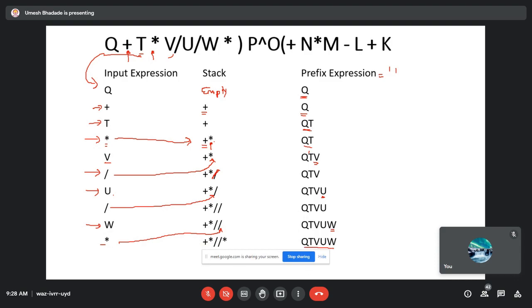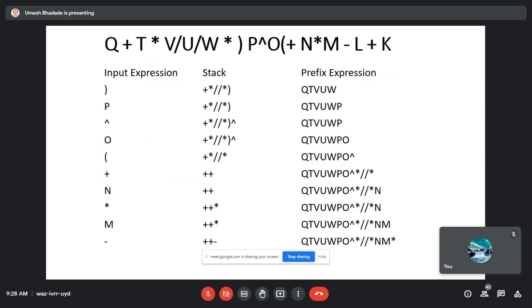Yet another something is remaining. Now after star, the next symbol was closing parenthesis. So this closing parenthesis will be pushed onto the stack as it is, because since we have reversed the expression, we will first encounter closing parenthesis and then we will encounter opening parenthesis. So when we have encountered closing parenthesis, we will just go on till we encounter opening parenthesis.